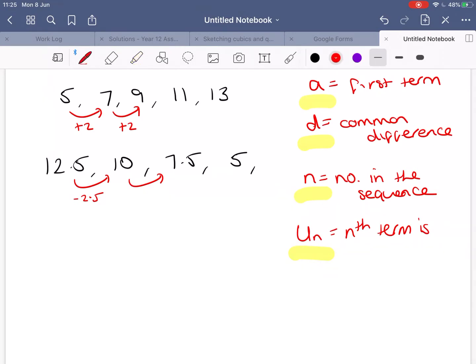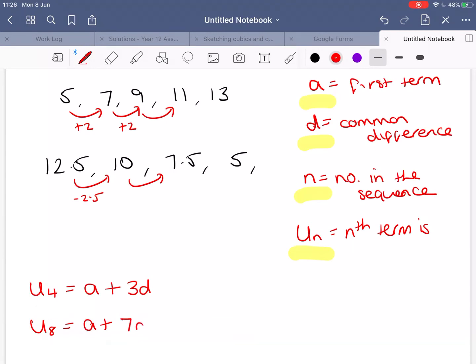If I think about this, let's say I took the fourth term. The fourth term would be the first term plus, how many differences would I need to get to the fourth term? I'd need 3 differences. If I wanted the 8th term, again, I could start at the first term, and how many differences would I need to get to the 8th term?